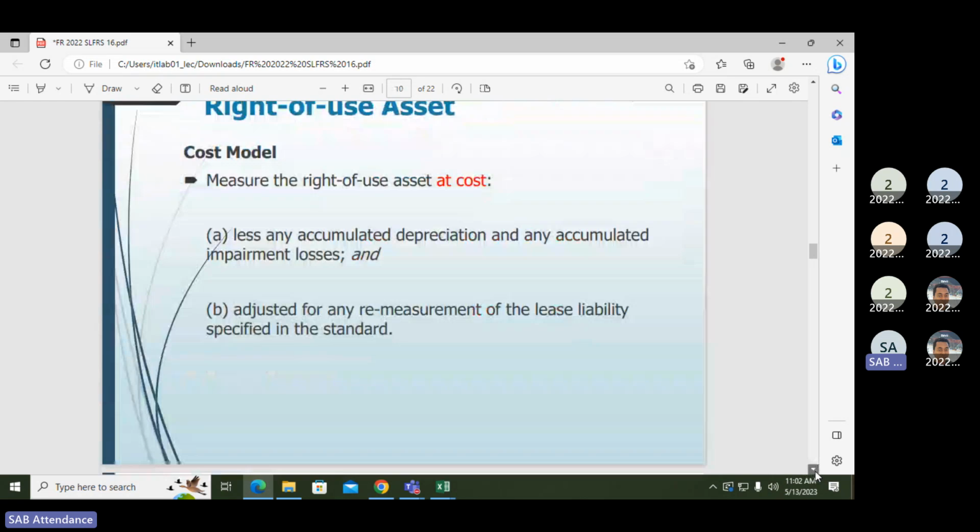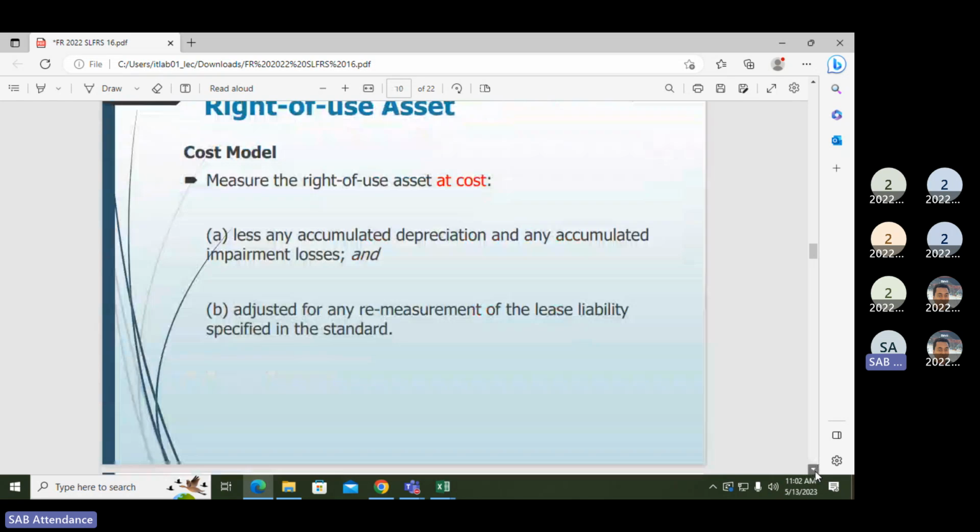The building can be used for 25 years, 50 years, 100 years. So you lease it for 5 years, 10 years. But the risk and reward is not transferred. It's not equal to a sale. You just rent it. So the original asset, the building, is not de-recognized by the lessor. The lessor keeps the original asset, the building, and depreciates it over the useful life.